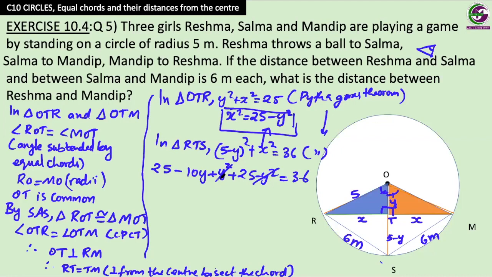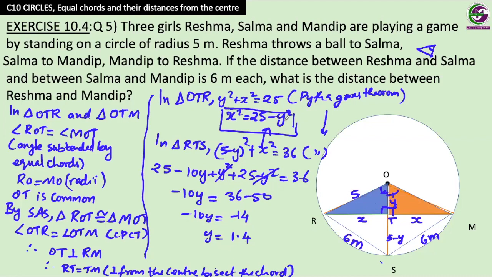Y square and y square get cancelled. 25 plus 25 is 50. So we get negative 10y is equal to 36 minus 50. Or we get negative 10y is equal to negative 14, or y is equal to 1.4. Negative and negative will get cancelled. 14 divided by 10 is 1.4. The value of y is 1.4.